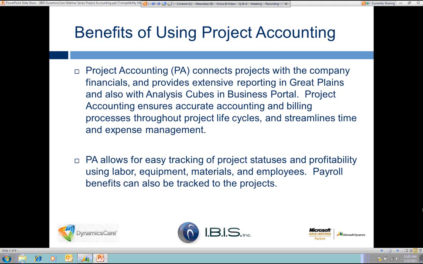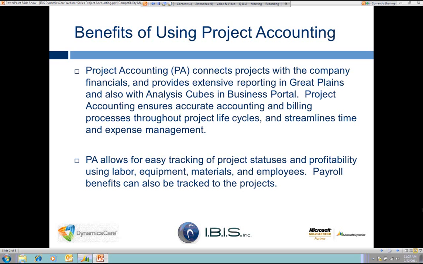So what project accounting allows you to do is to connect projects with your company's financial statement without keeping the detail on your balance sheet. For example, we've got work in progress for this house that's in progress. We might just have one work in progress account on our balance sheet, but if you go over into project accounting, you may have multiple projects that are rolled up into this one account that's called WIP on our balance sheet.